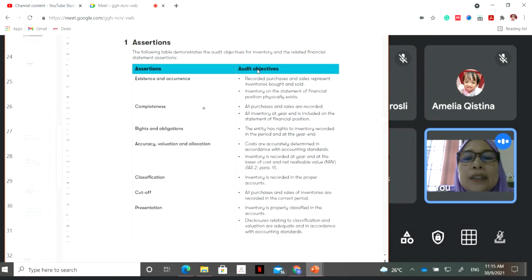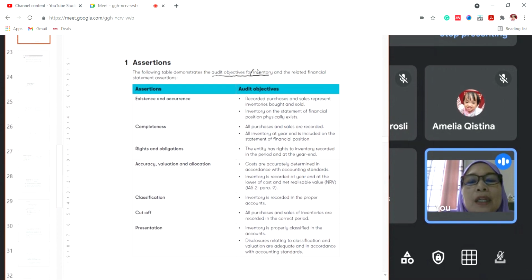This is the audit objective for inventory and related financial assertion, just to recall what you have done in audit evidence in the previous chapter. The assertions you are going to achieve for inventory are the existence and occurrence of the item.